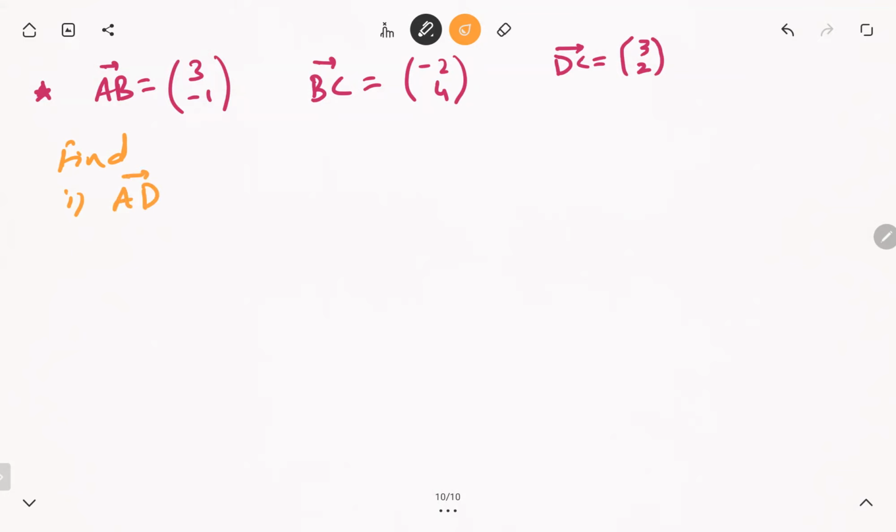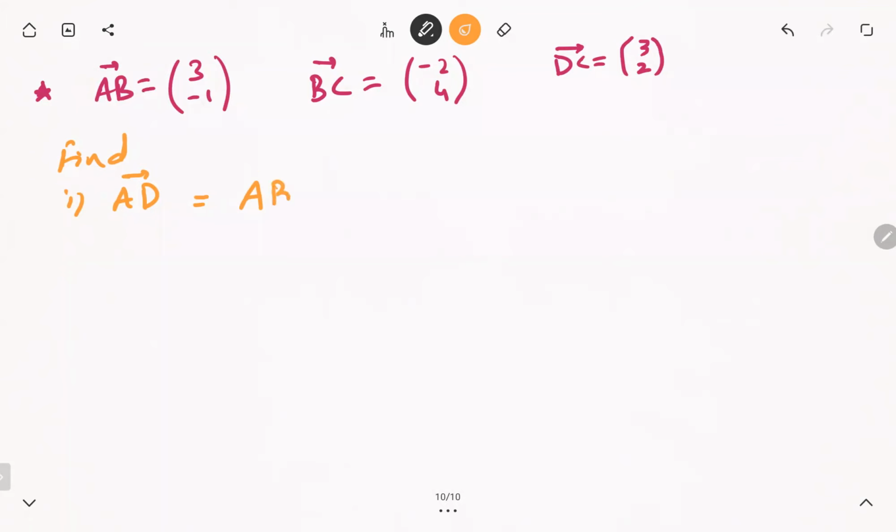So one thing is sure, we have to start from A and we will end at D. So we have to go from A to D. So what should be the path? Definitely, if you want to start from A, then from A at maximum you can go to B because vector AB is given.